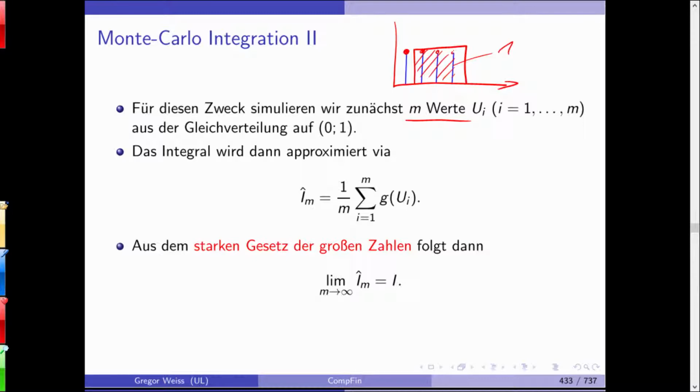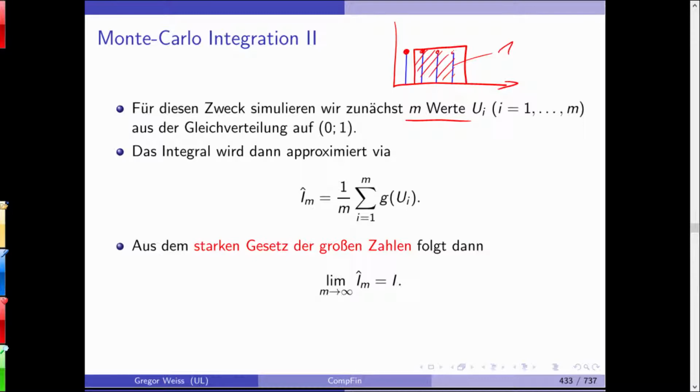Now, the law of large numbers states that for m converging to infinity, so for an increasing number of samples, the limit of this approximation should be the integral we are looking for, because it's the expected value.